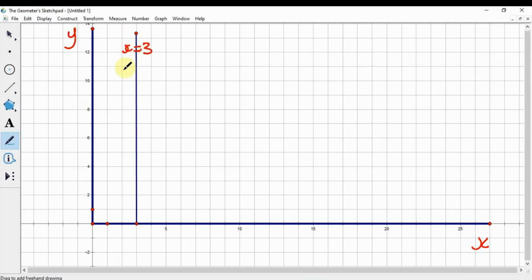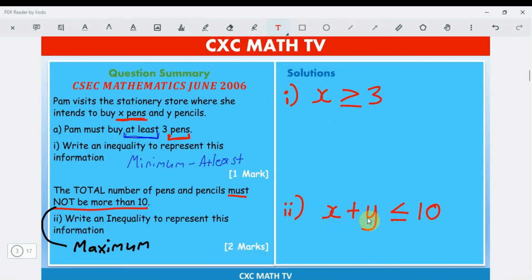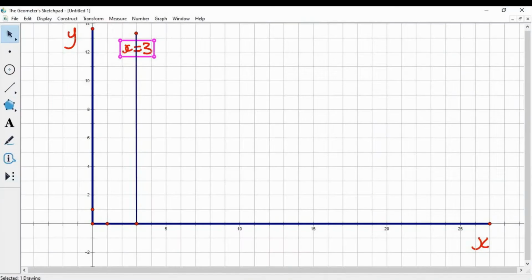Cool. Now that we have that out of the way, the next thing that we're going to need is the line x plus y less than or equal to 10. When you're drawing the graph, you're going to draw a line. I want the scales to be the same, so I'm going to narrow this one a little bit.